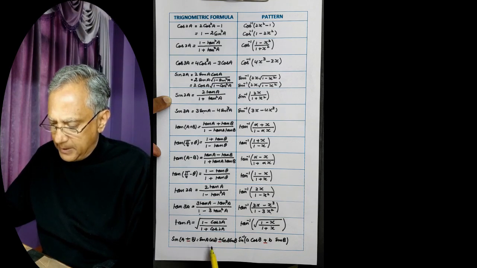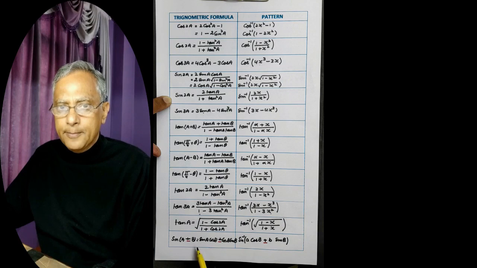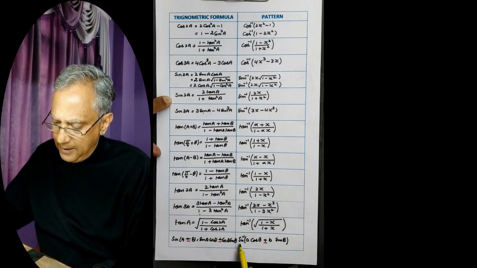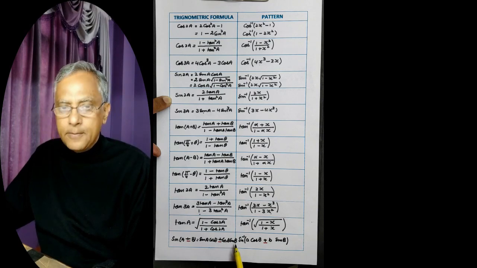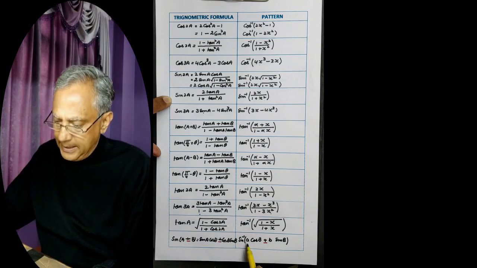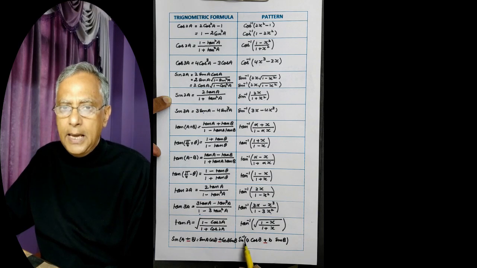Here it is sin A plus minus B is sin A cos B plus minus cos A sin B. So if we have a question like sin inverse of A cos B plus B sin B, then we will put A equal to R sin alpha, B equal to R cos alpha.